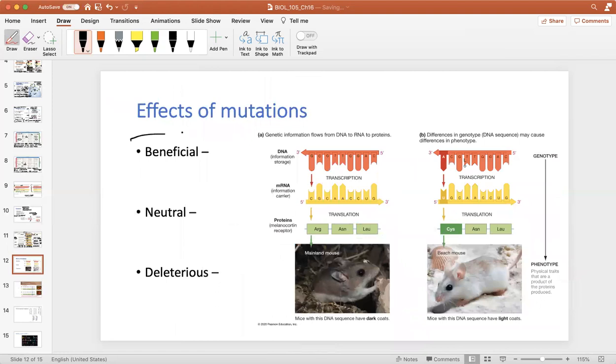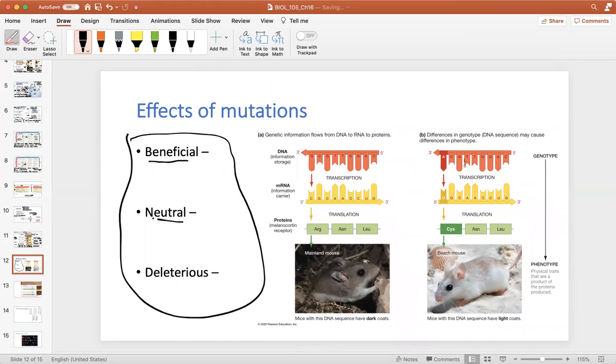Okay, so I accidentally went over this earlier, but we talked about how mutations can be beneficial, they can be neutral, or they can be deleterious. And whether they're beneficial or deleterious sometimes depends on the context. So I showed you in this case where we had a non-functional melanocortin receptor because we had a missense mutation.